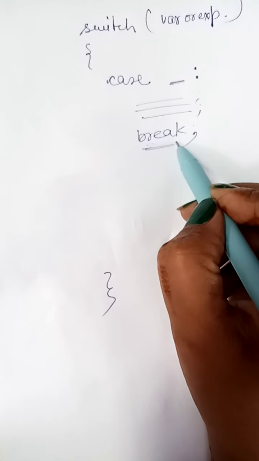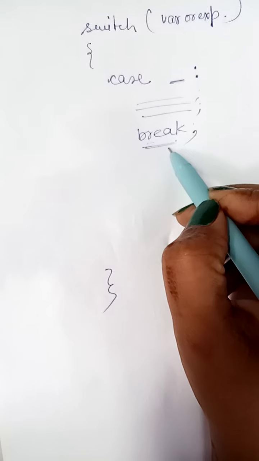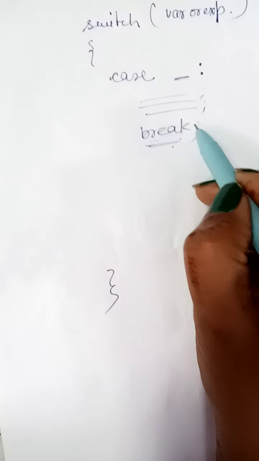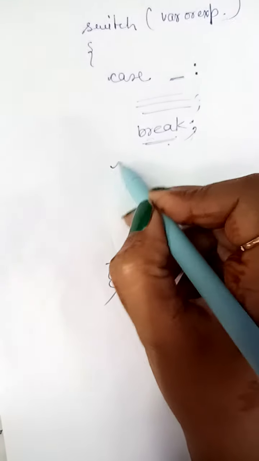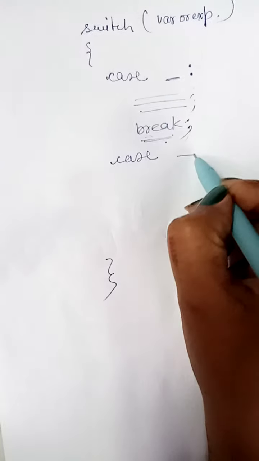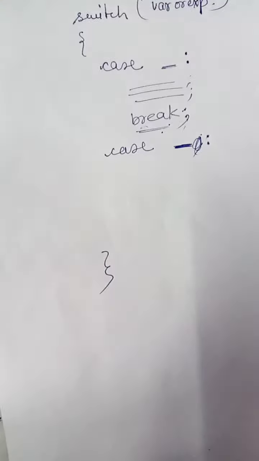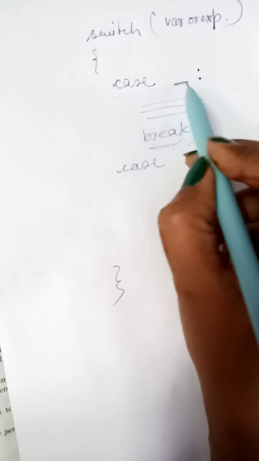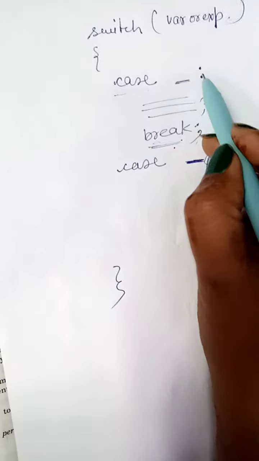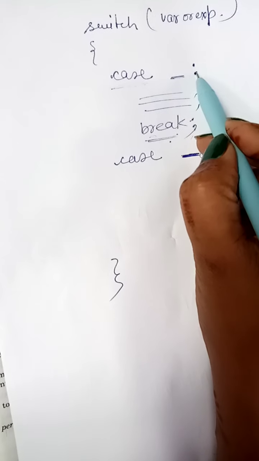Break is also a keyword, so you write it in small letters, with a semicolon. Then the next case, with its value or expression, and a colon. In the line of case, you put a colon only.